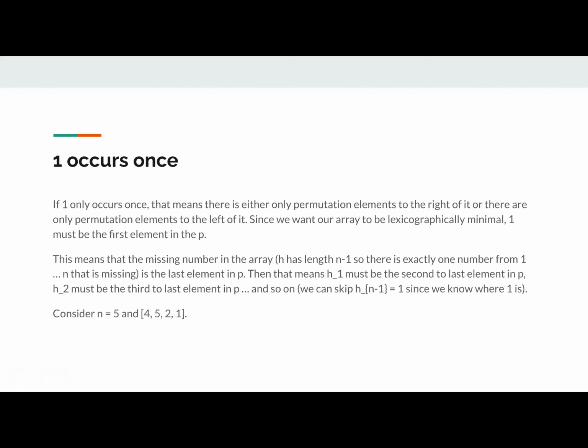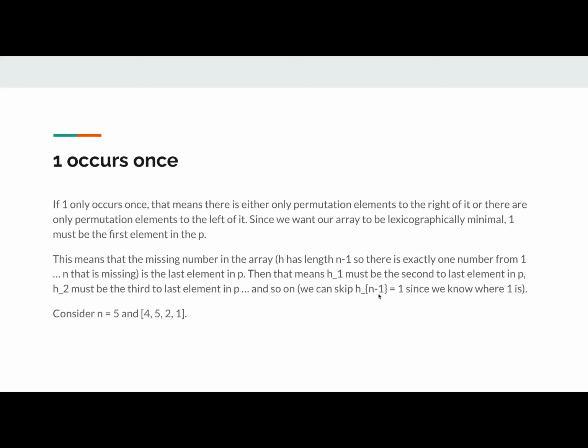But this also means that, if we consider simulating the process, we know that the last element is greater than 1 because everything is greater than 1. So we know that the first number written down has to be the second to last element in P. So we know that H of 1 must be the second to last element in P. We know that H of 2 must be the third to last element in P, and so on, until we write down all the numbers up until H of n minus 2.